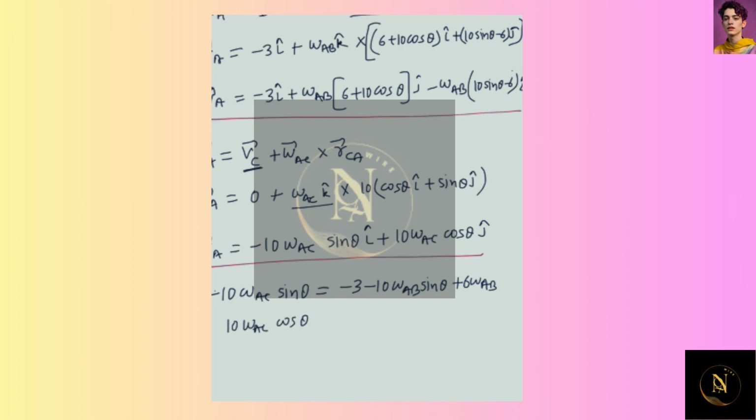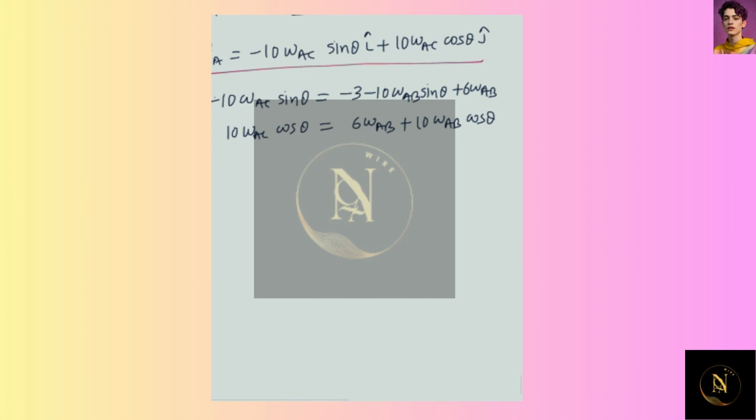And for the j cap, 10 omega_AC cos theta equals 6 omega_AB plus 10 omega_AB cos theta. After rearranging both the equations, we can write 10 (omega_AB minus omega_AC) sin theta equals 6 omega_AB minus 3, and 10 (omega_AB minus omega_AC) cos theta equals minus 6 omega_AB.